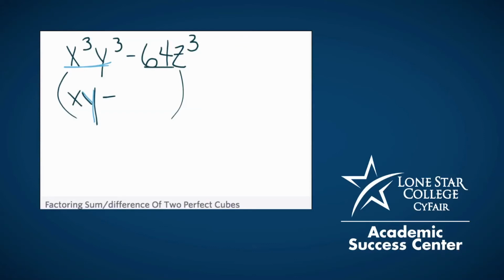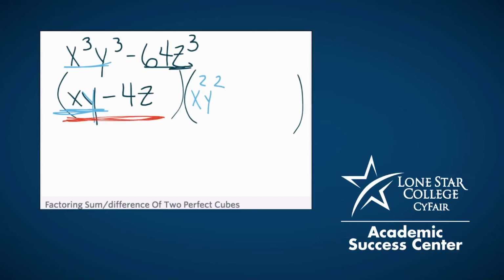Minus 64 is the perfect cube of 4. z cubed is the perfect cube of z. The second parentheses, the trinomial, comes from the first. Square the first term. That will be x squared and y squared. Then we multiply both terms and change the sign.